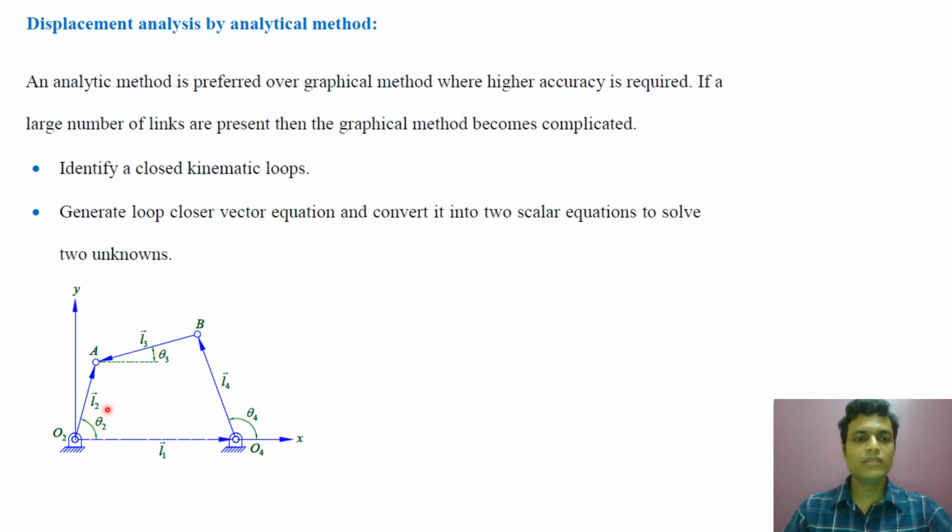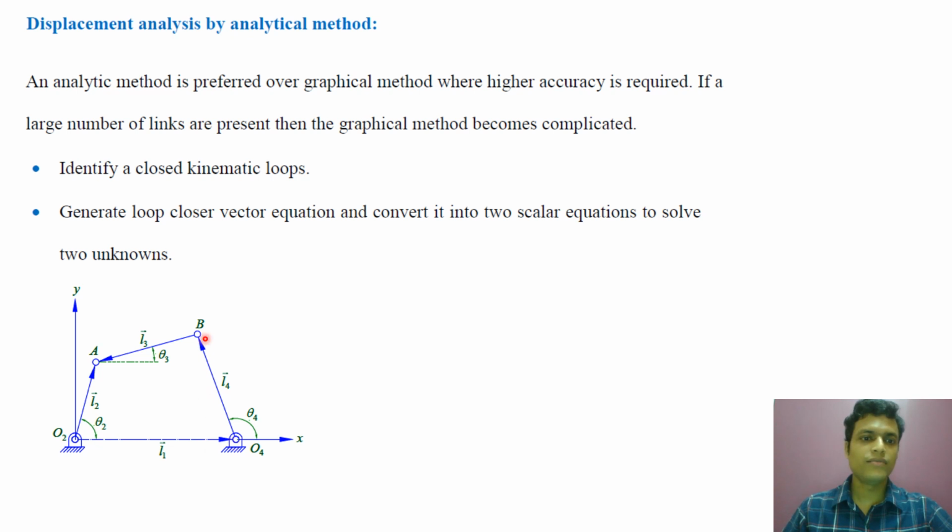So how many unknowns are there? Only theta 3 and theta 4. How to find them? The first step is to identify a closed kinematic chain. So we have noted these links as vectors, and these vectors form a closed kinematic loop.